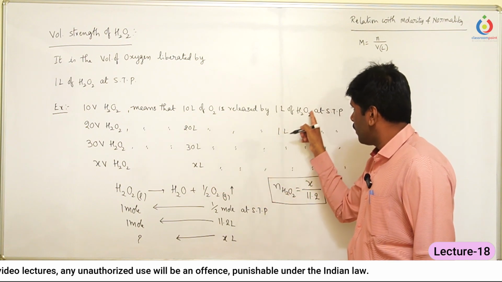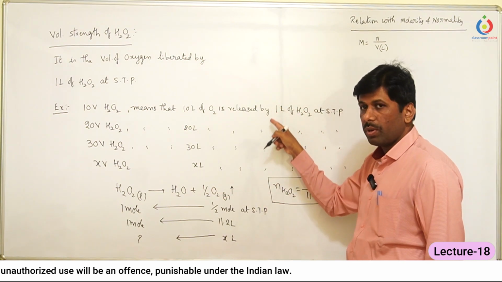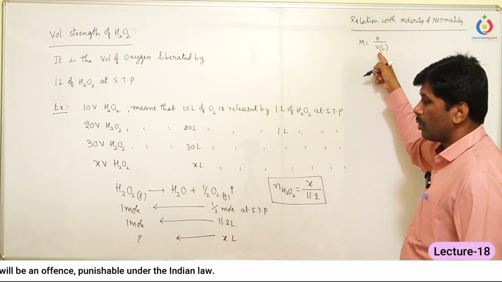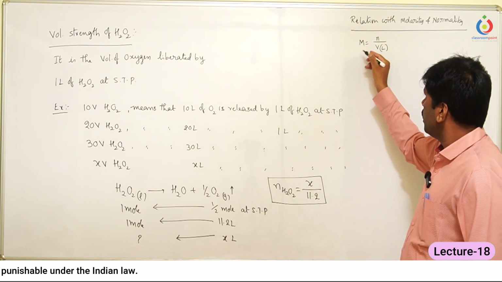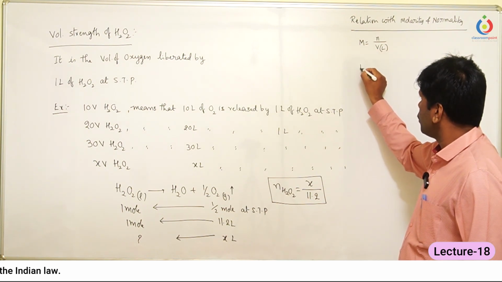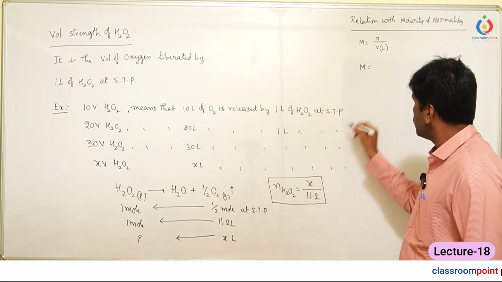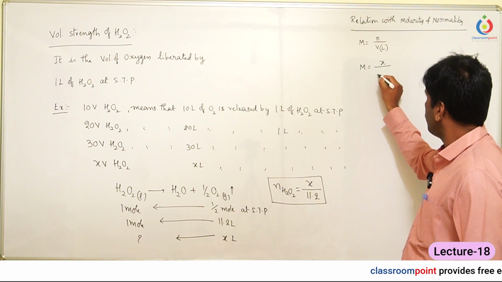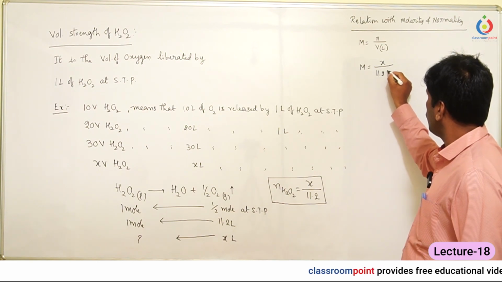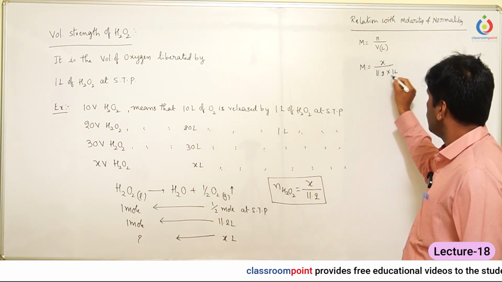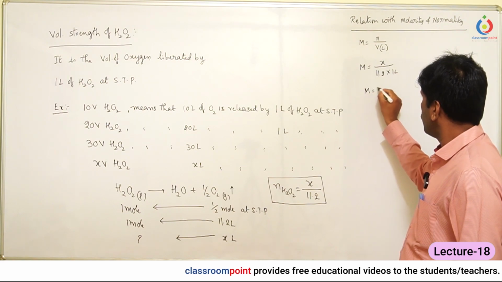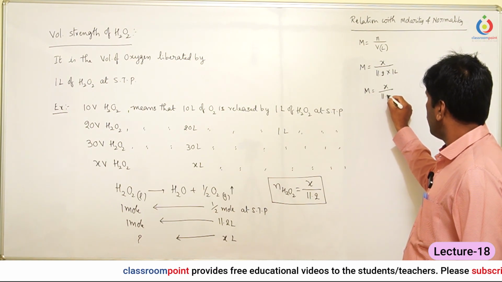Every time the volume of the H2O2 we have taken here is only 1 liter. So if you want the molarity of H2O2, it equals the number of moles of H2O2, X divided by 11.2, into 1 liter. So molarity equals X by 11.2.